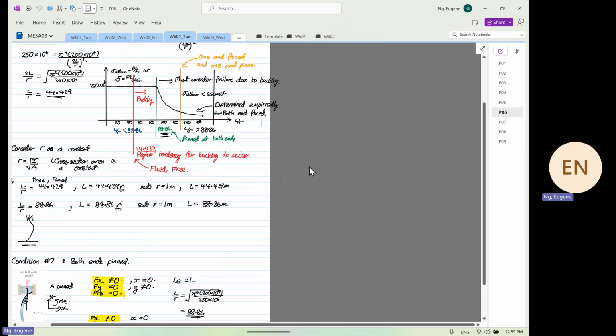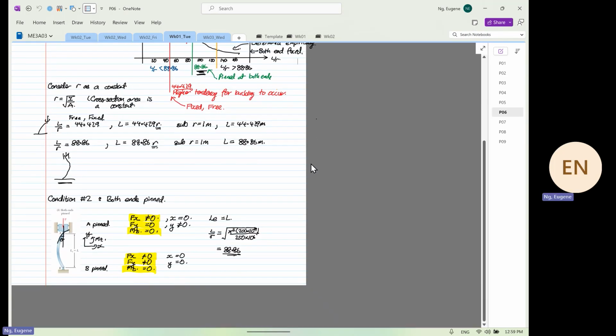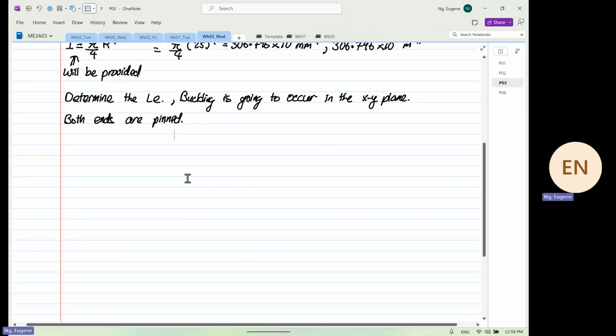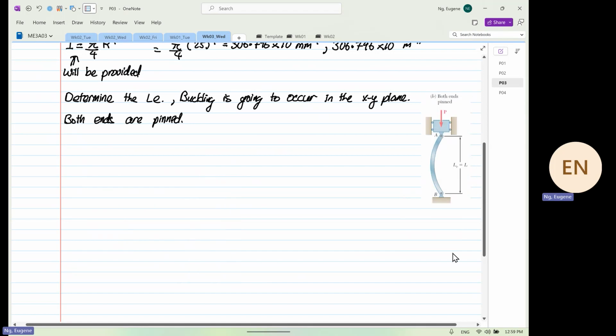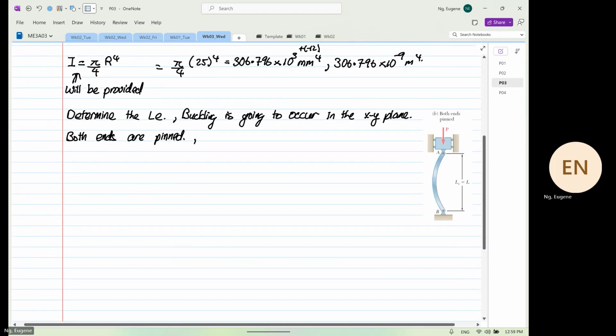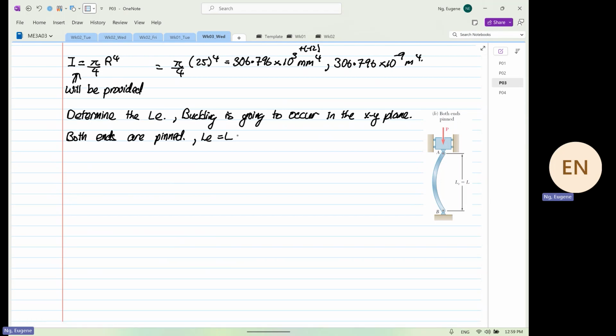Again, this diagram will be provided. So when both ends are pinned, LE is equal to L, and the length of the beam is equal to 4 meters.